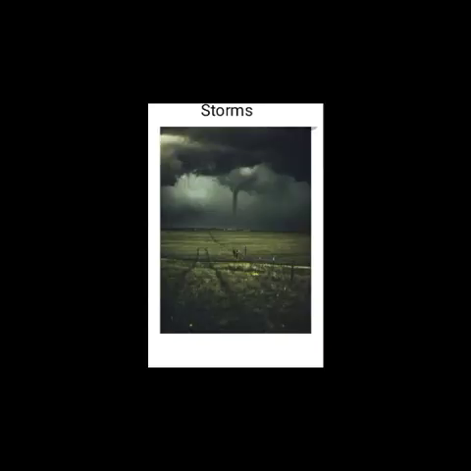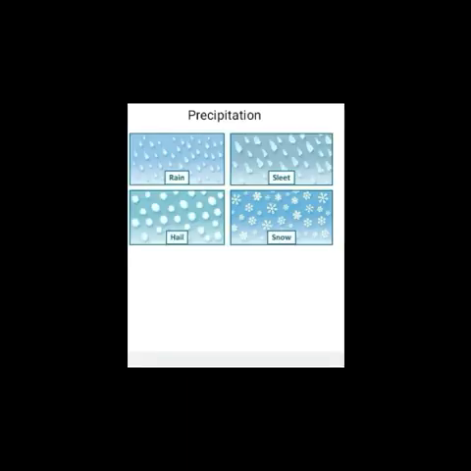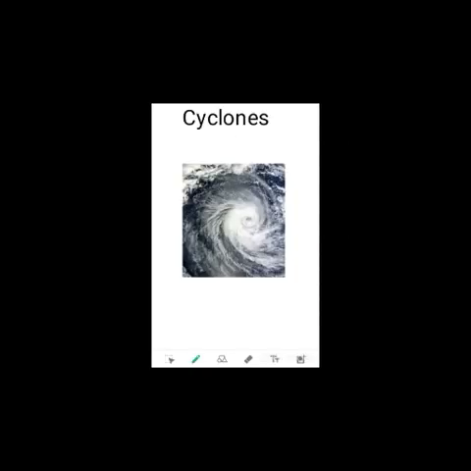Due to air pressure, various phenomena like storms, precipitation in the form of rain, sleet, hail, snow, cyclones, etc. occur in the atmosphere.